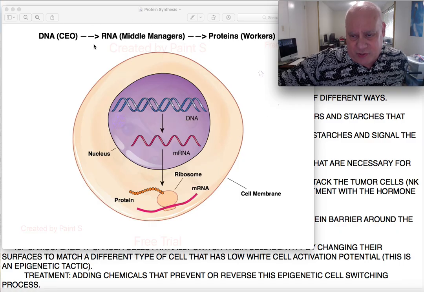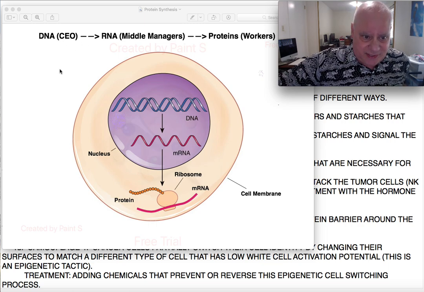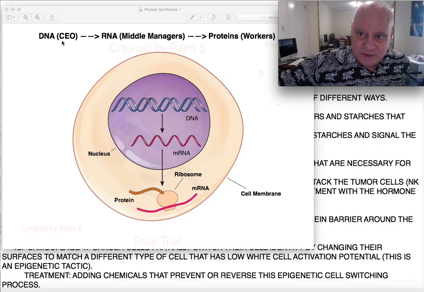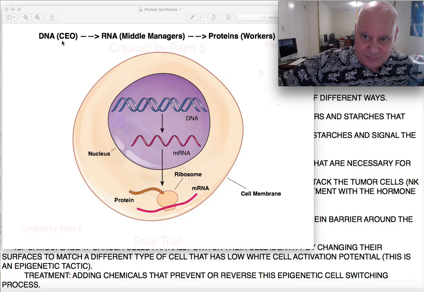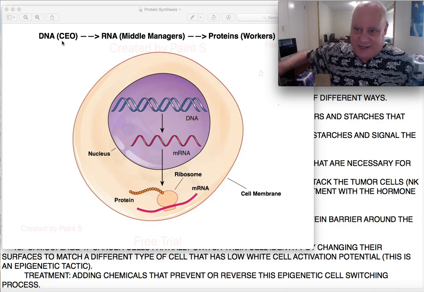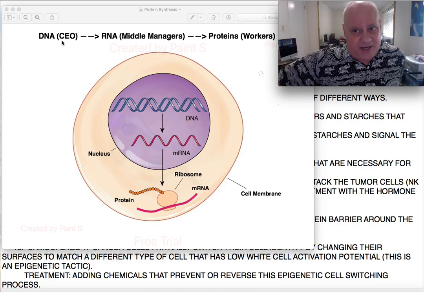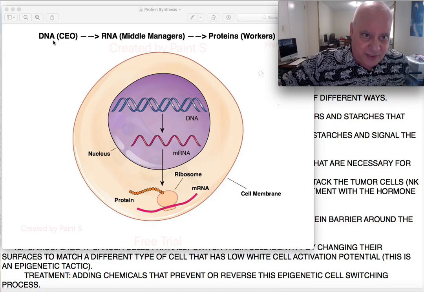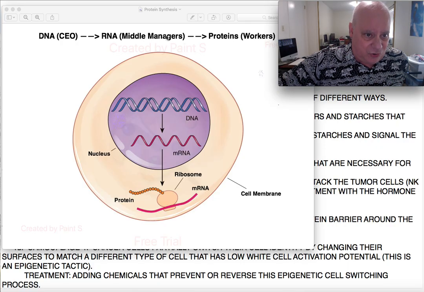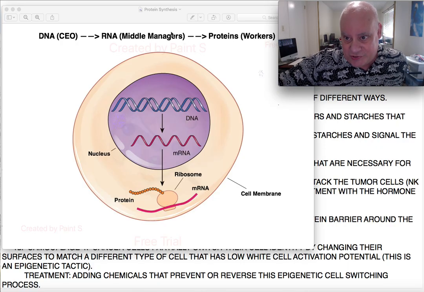So another way of looking at this, if you want something less abstract, more like an analogy, is that if you think of the cell as like a workplace, the DNA would be like the CEO of the workplace, the person with all the plans for all the different aspects of what's going on at the workplace. And then RNA you can think of as like middle managers.